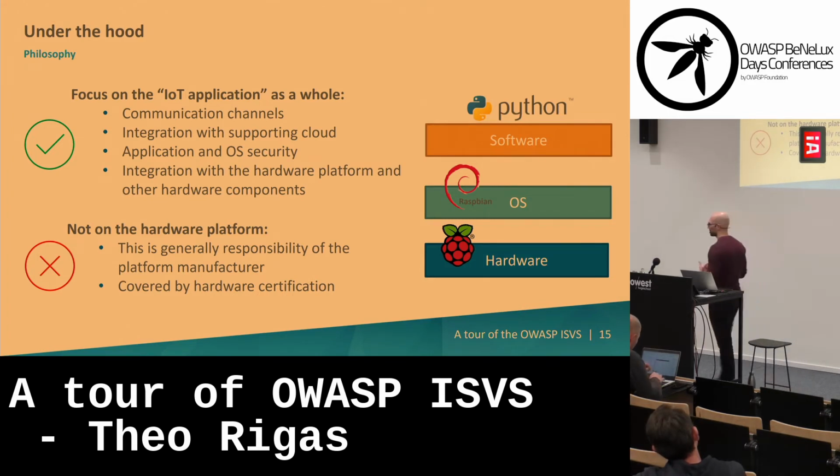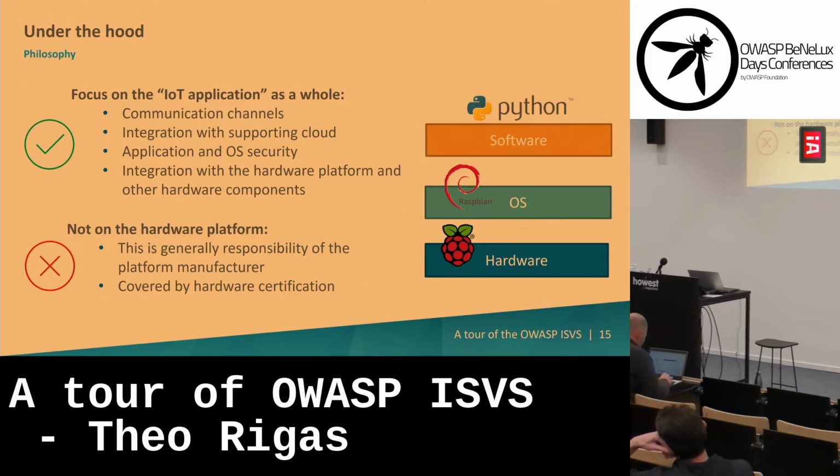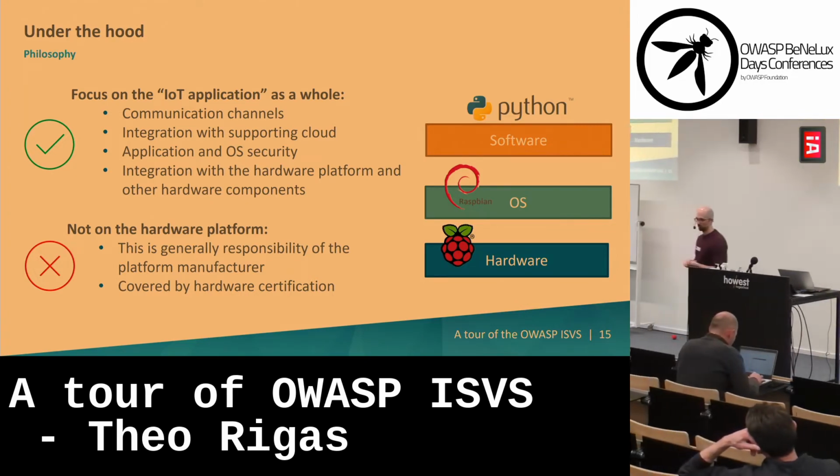So the ISVS looks at the IoT application as a whole. It looks at the ecosystem. It looks at the different communication flows between the components of the ecosystem. It looks at application and operating system security. It looks at the integration with the hardware platform. But that's where we draw the line, and that's where the scope of the ISVS stops.